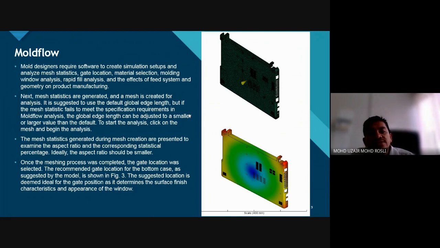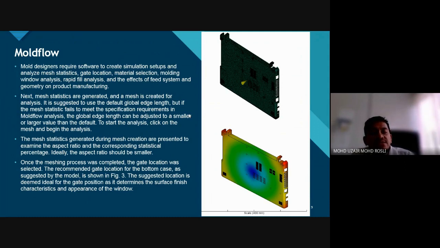So to start analysis, click on the mesh and begin the analysis. The mesh statistics generated using mesh creation are presented to examine the aspect ratio and the corresponding statistical percentage. Ideally, the aspect ratio should be smaller. Once the mesh process is completed, the gate location was selected.